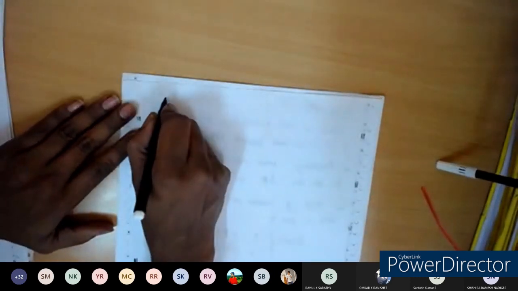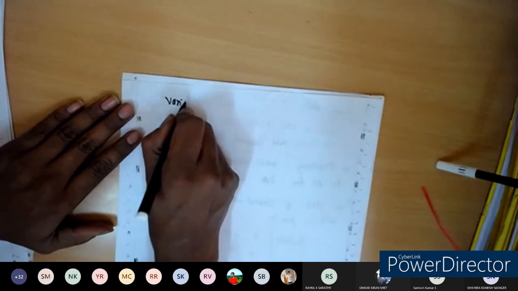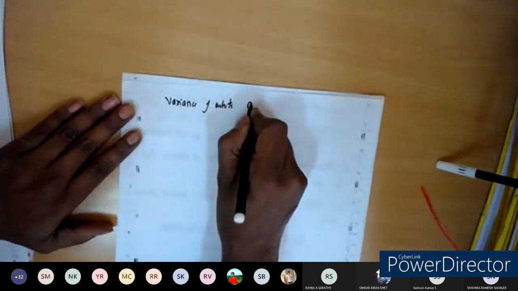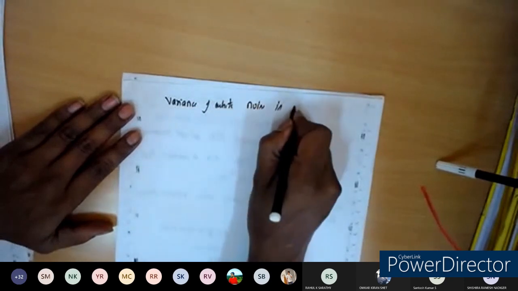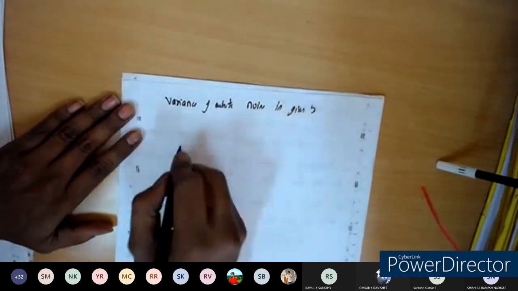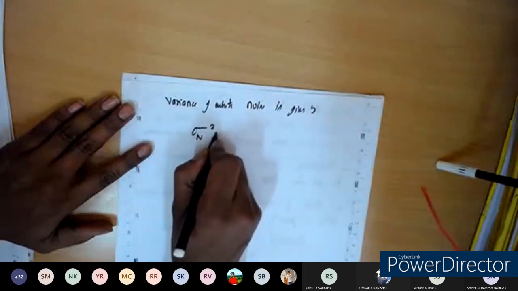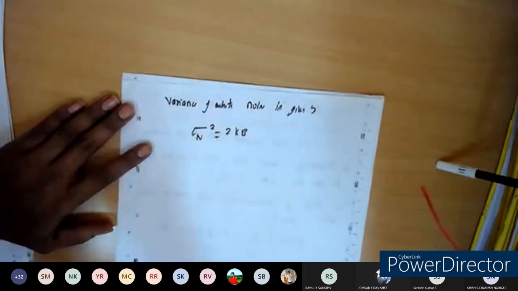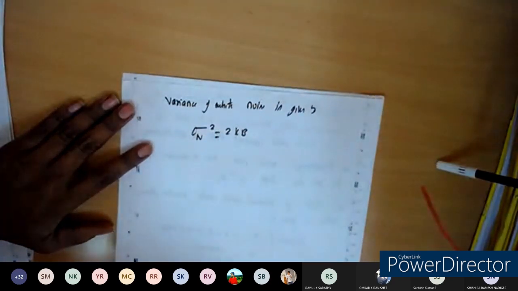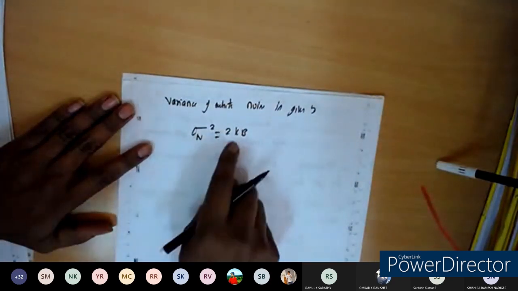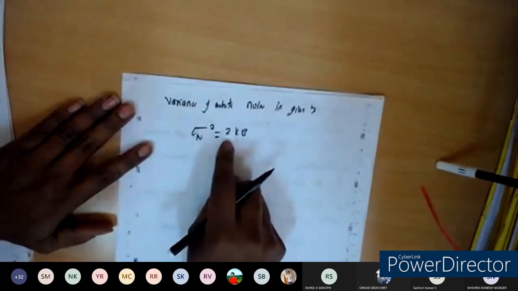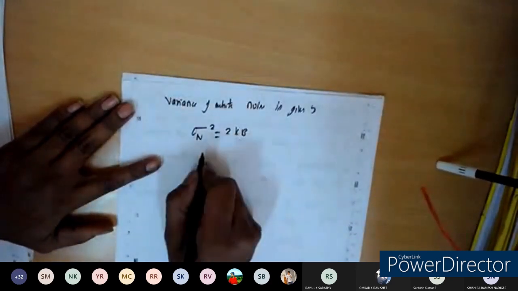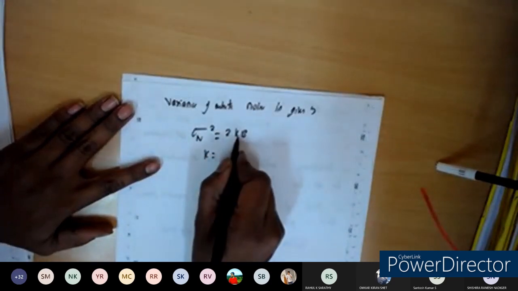You can check the variance of the white noise is given by sigma n square, which will be equal to 2 into k into b. Here k is the power spectral density, so we can obtain the value of k from this.